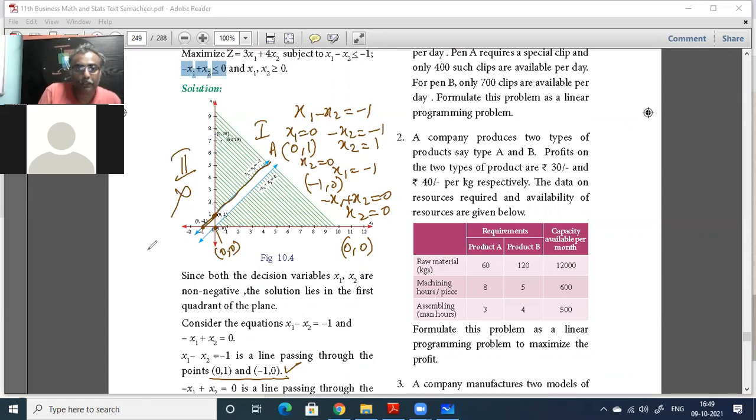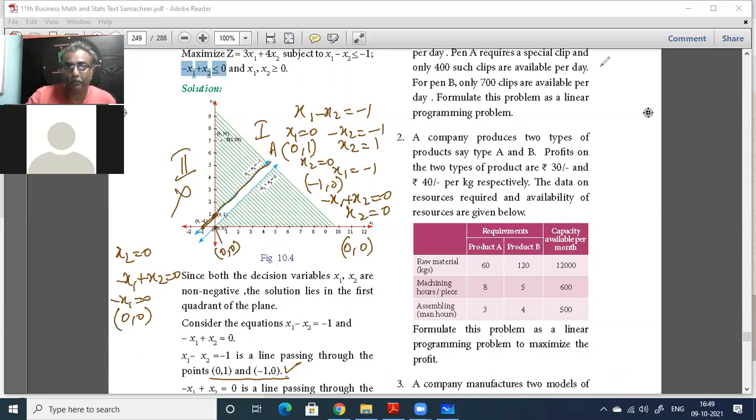Now you put x2 is equal to 0. Minus x1 plus x2 is equal to 0, so x1 is equal to 0. So again you get 0, 0. Now this is a line passing through.